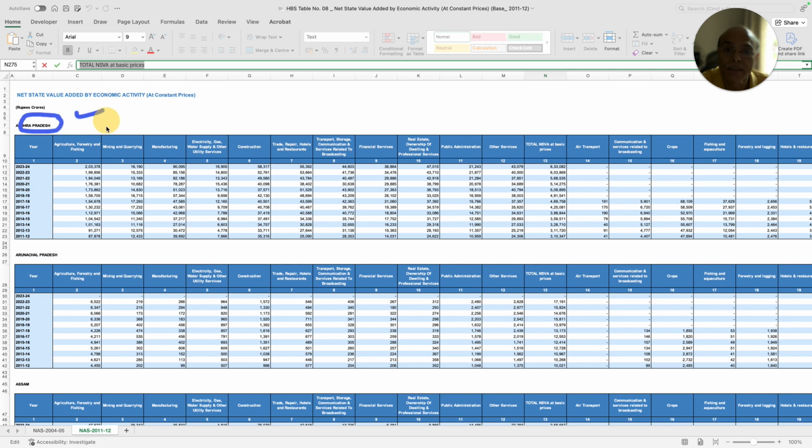For example, Andhra Pradesh, one single table. Arunachal Pradesh, one single table. Assam, one single table. And then we have the various production line items all categorized here. You'll see agriculture, forestry, mining, manufacturing, electricity supply, construction, trade, transport, financial services, real estate, public administration, and then the total GDP, right?